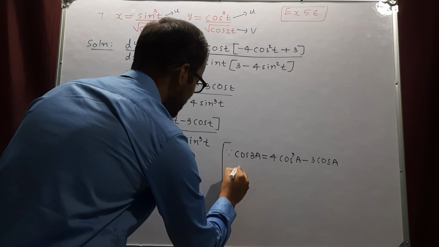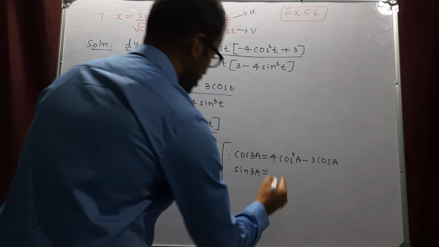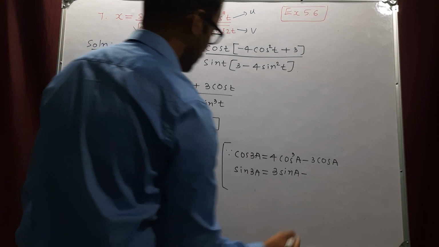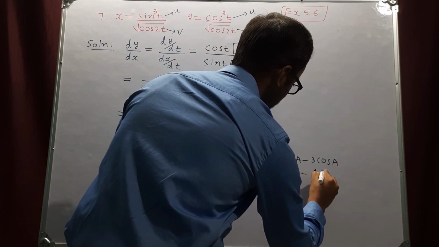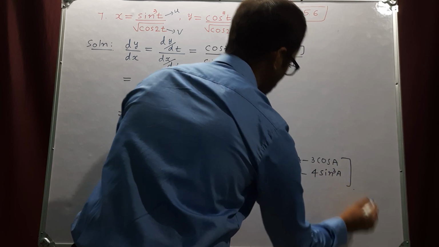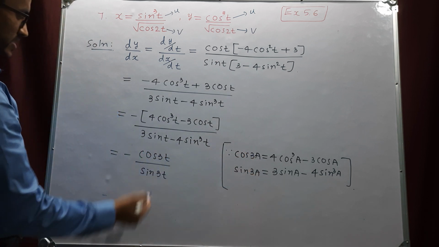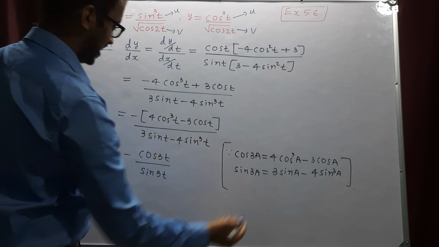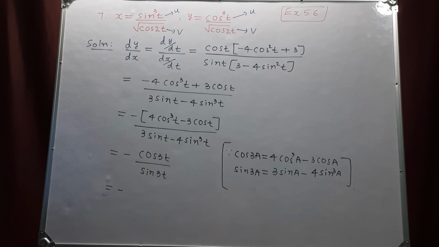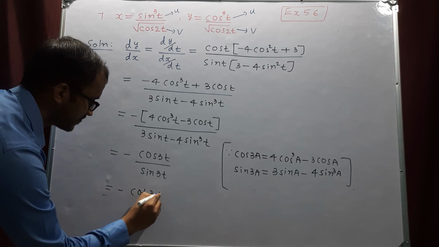Similarly, sin 3a is equal to 3 sin a minus 4 sin cube a. So this is nothing but cos 3t. Similarly, this is nothing but sin 3t. So that is equal to minus cos 3t by sin 3t, that is cot 3t.